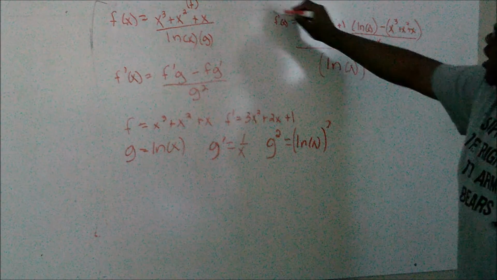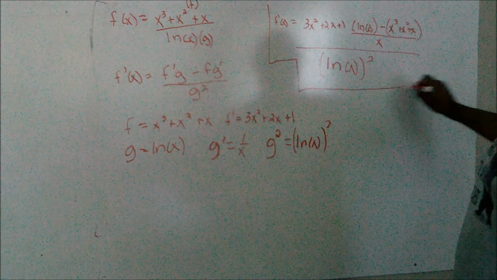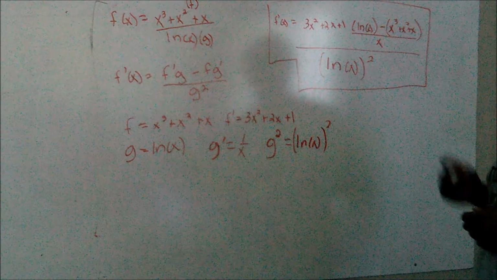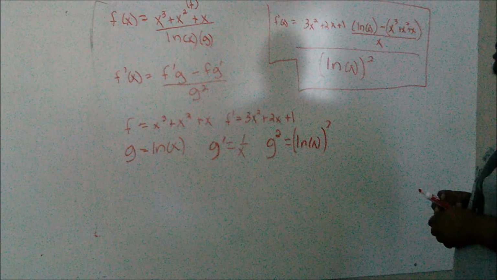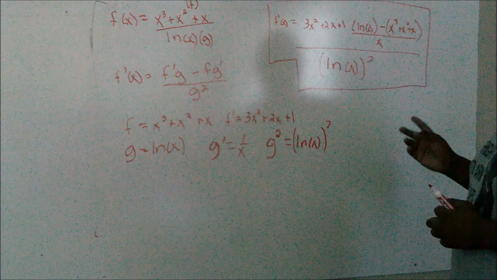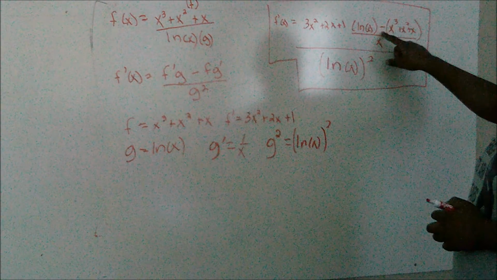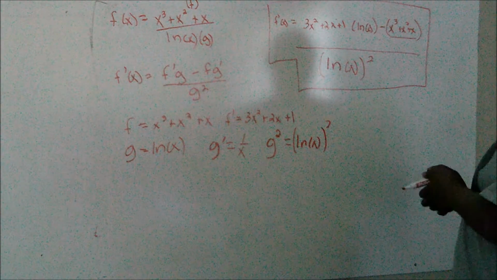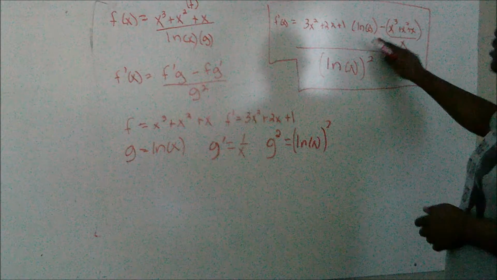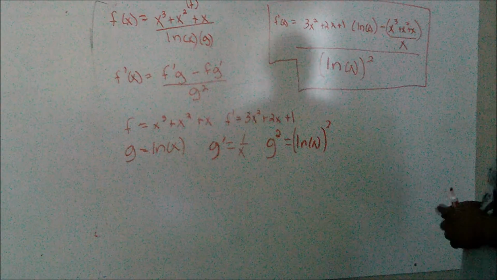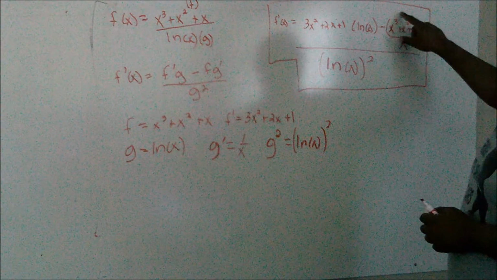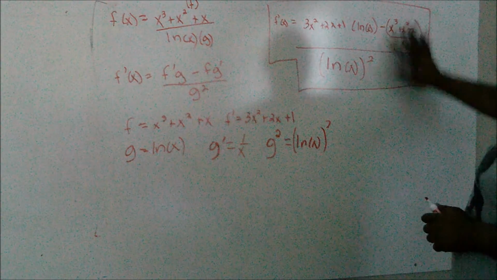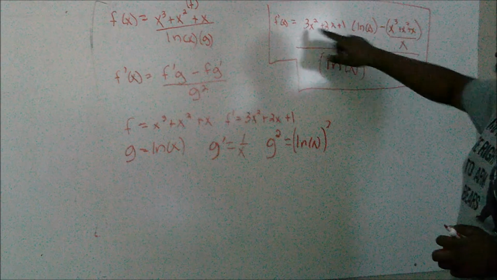Now this is officially our answer. Sometimes your professor or instructor may want you to simplify it even more, but you can do that through simple algebraic techniques. So when you simplify this, you could take out an x from this equation and then divide by x here to simplify this out, and then see if you can find any common terms.